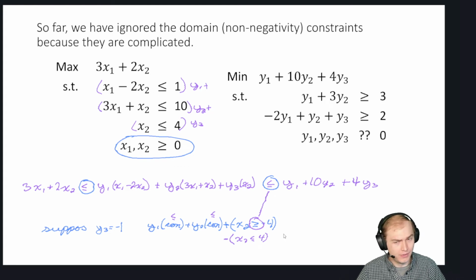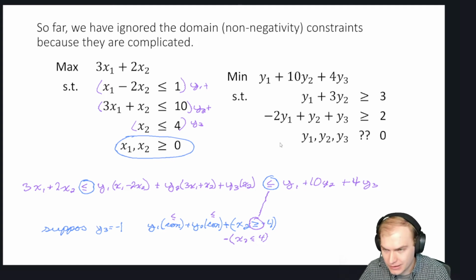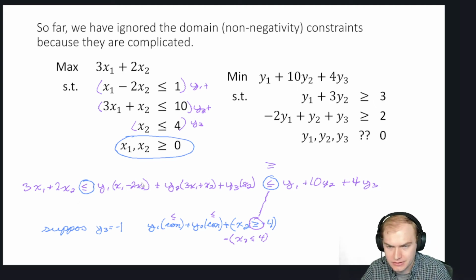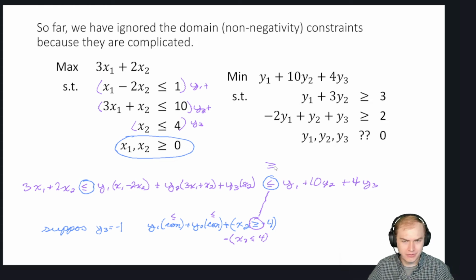So no, we can't just do that. What if all three of our y variables are negative? Well, then we can add them together, but we're going to get a greater than or equal to there. And suddenly it's not an upper bound anymore, and these two inequalities contradict, and the whole inequality doesn't actually mean anything anymore.